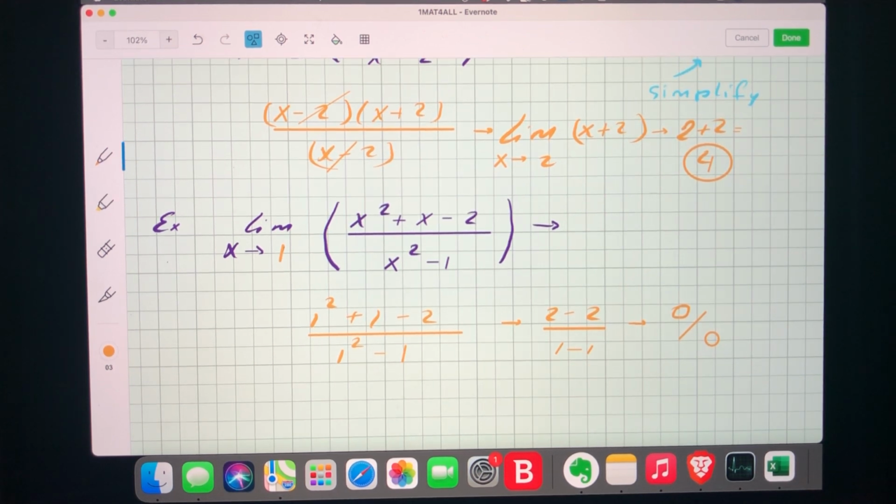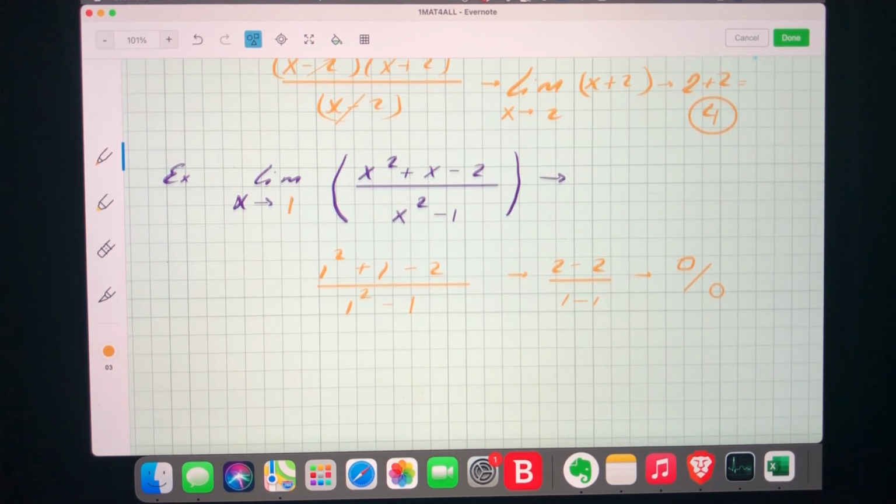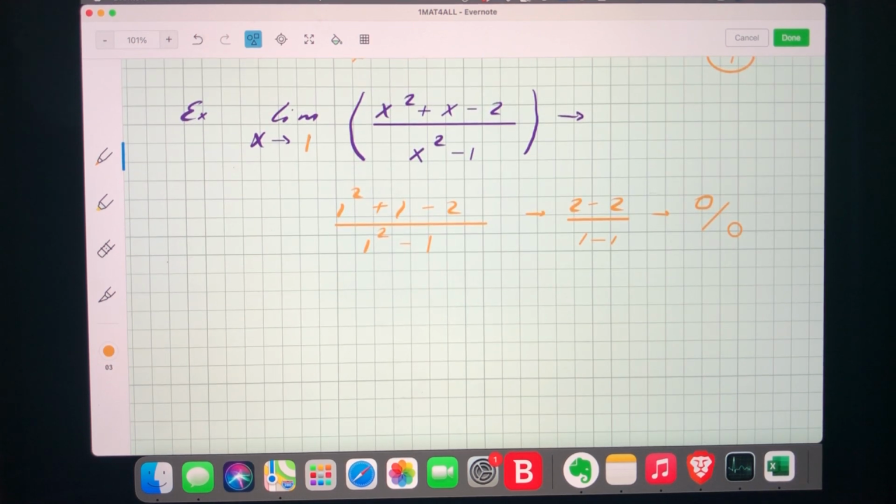So at this point, we need to factor and try to cancel out something on the top and on the bottom. So factoring out the top, we're looking for 2 numbers that multiply to -2 and add to -1. Well, that would be x plus 2 and x minus 1. Now, the bottom is the difference of squares formula, which is x minus 1 times x plus 1.